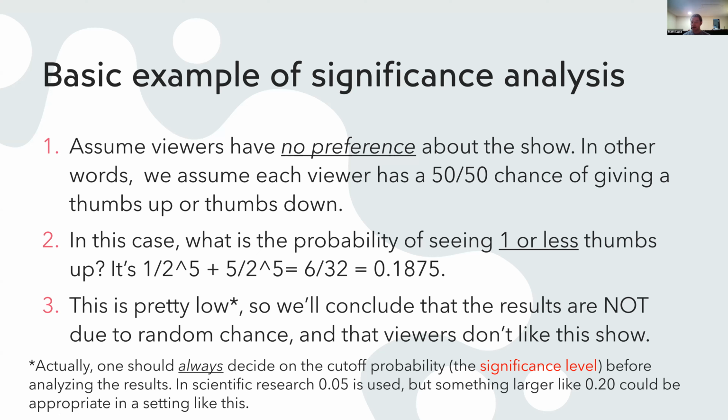It means that 1 out of 5 times, if you set your significance level to 0.2, you will see a big difference just due to random chance. So 1 out of 5 times, you might get a false positive, but you're accepting the higher risk of a false positive so that you can catch the cases where there's a real effect there.